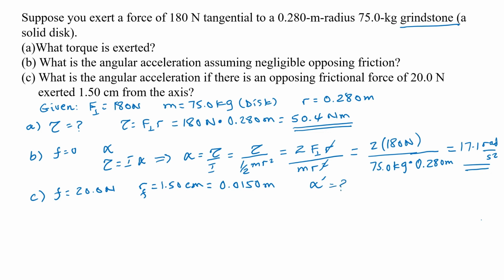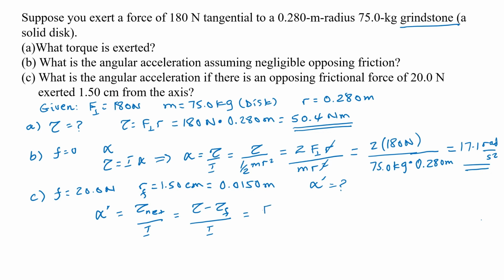Alright, so alpha prime is equal to tau net over I. And tau net is equal to tau minus tau due to friction, over I. We have calculated tau already, so we can use that one or just plug in the numbers.